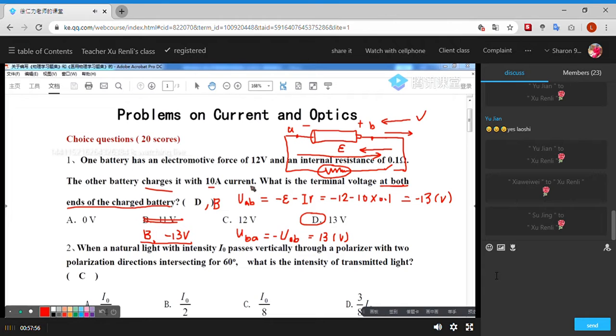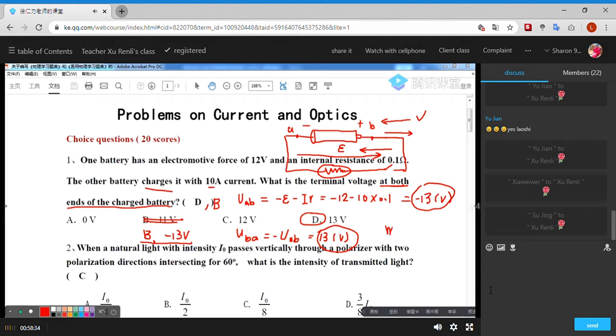The question does not tell us from which point or which end, so we can go from A to B, and we can also go from B to A. So the answer, minus 13 volts or 13 volts, is also right, but the magnitude is the same.